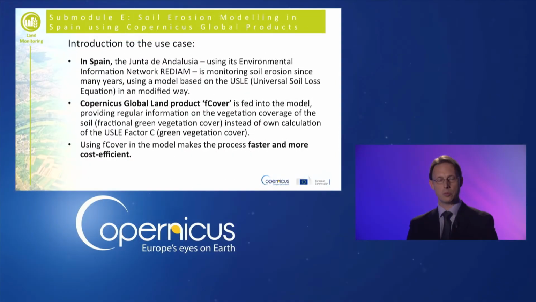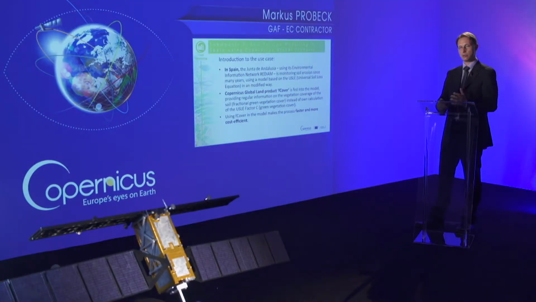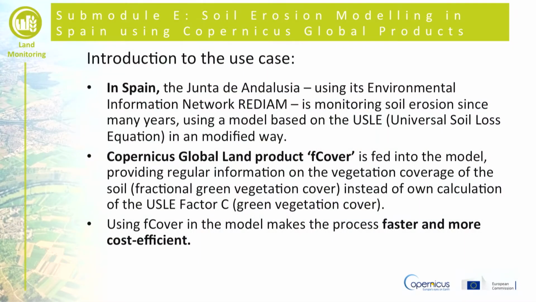Now, what has been found is that the Copernicus Land Global Product F cover, which is the fractional vegetation cover, can be used to substitute part of that sophisticated but also complicated calculation process, providing significant advantages to the user. So that product F cover is directly fed into the model and is also available on a regular 10-day interval.